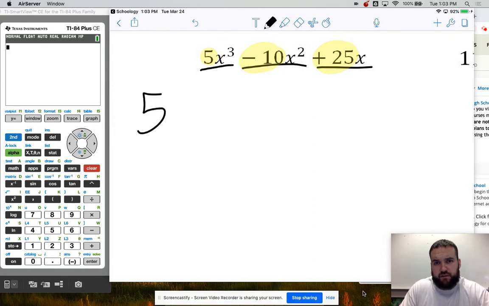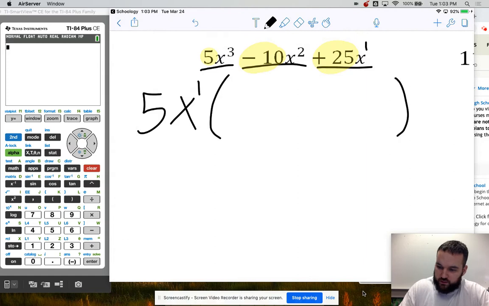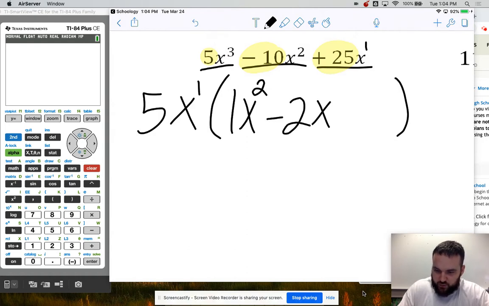All 3 terms have the variable x, so I'm going to include that. I can only include x to the first in my GCF because 25 only has a single x to give away. So here I put what's left over if I divide by 5 and take one of the x's away from each term. So 1x squared is what the first term will become. Negative 10 becomes negative 2 with a single x. And then instead of plus 25, this becomes plus 5.